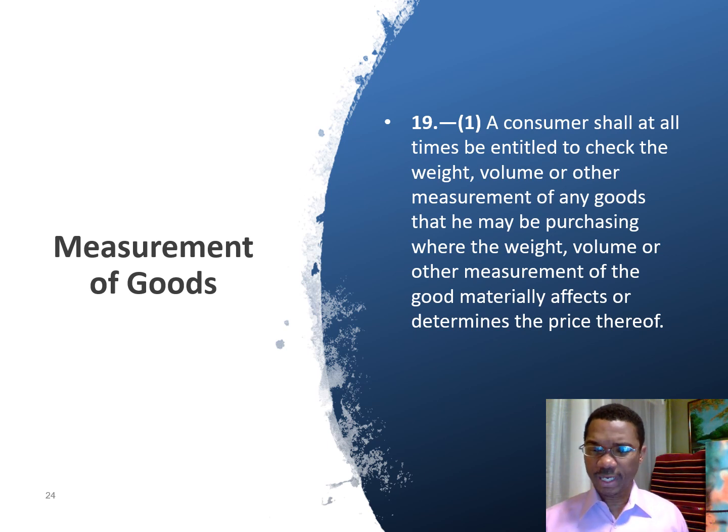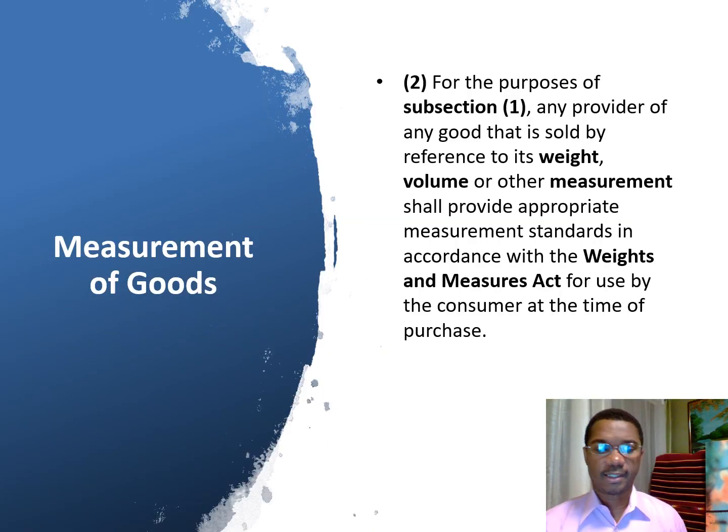So once there's a correlation between the price and the weight or the measurement, then clearly care has to be taken to ensure that the proper measurements and the proper weights are realized. So here, subsection 2, in relation to subsection 1, makes this in relation to standard of measurement and volume, that this is not something that is arbitrary, but it is governed by the Weight and Measures Act.